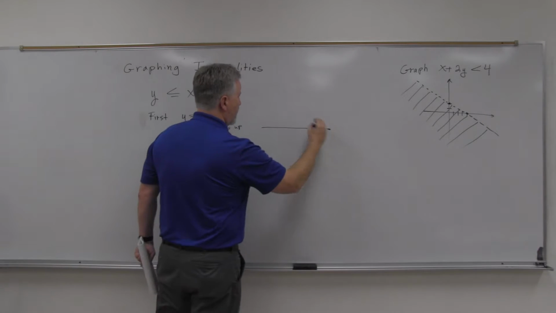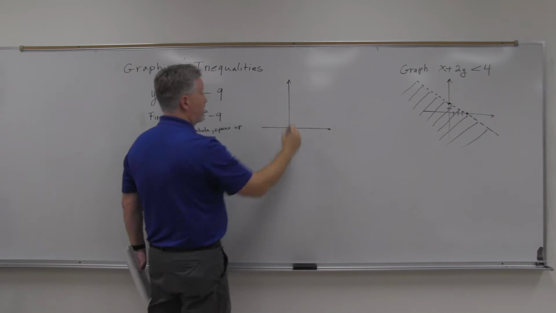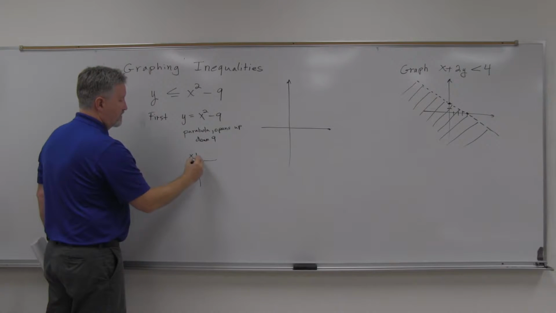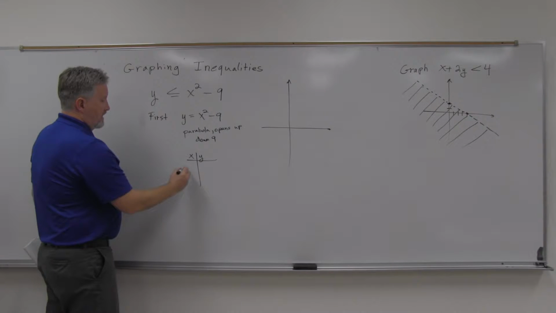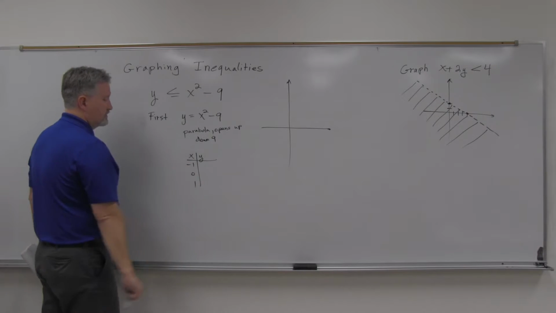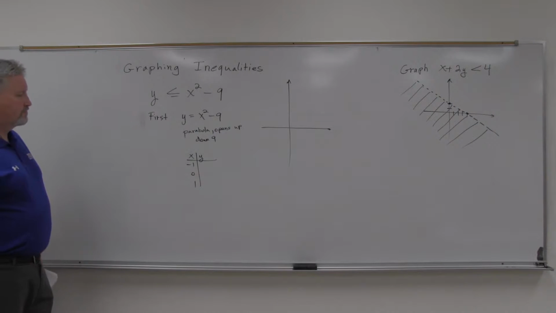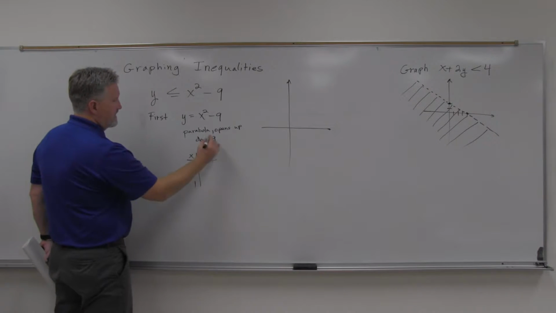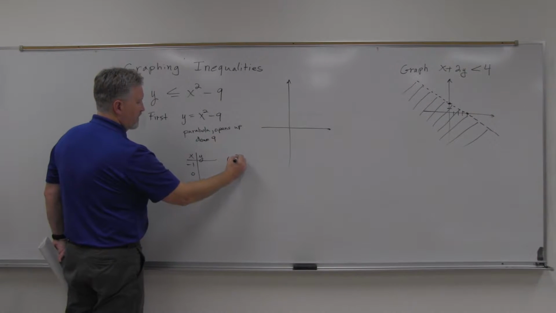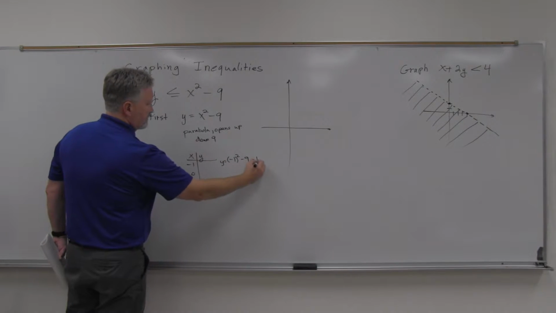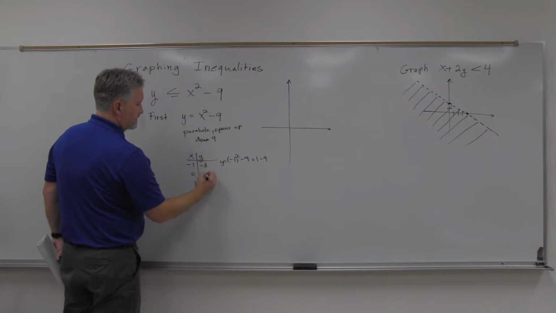Now what I probably would recommend, to get width and all that good stuff, is to do at least a couple of points. This is just shifted down 9. These three will probably suffice. If x is -1, then we would have y is -1 squared minus 9. So that's 1 minus 9, that's -8.